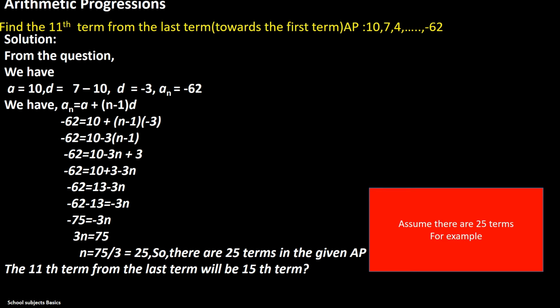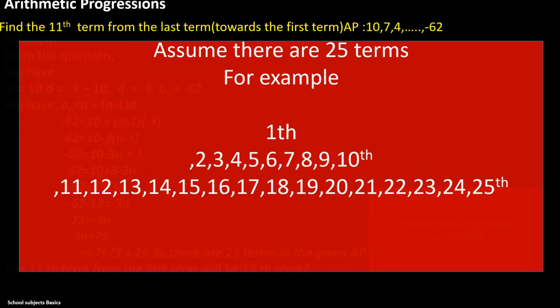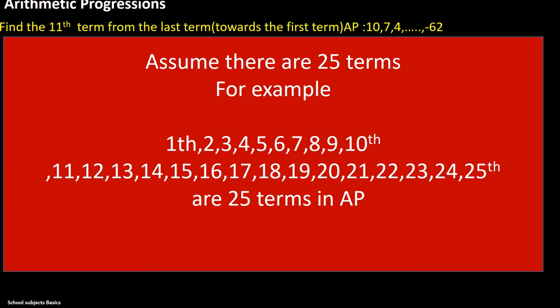Let us assume there are 25 terms: first term, second term, third term, fourth term, and it goes on till the 25th term. We have to find the 11th term from the last term, counting towards the first term. That is, we start from the end, from the 25th term.